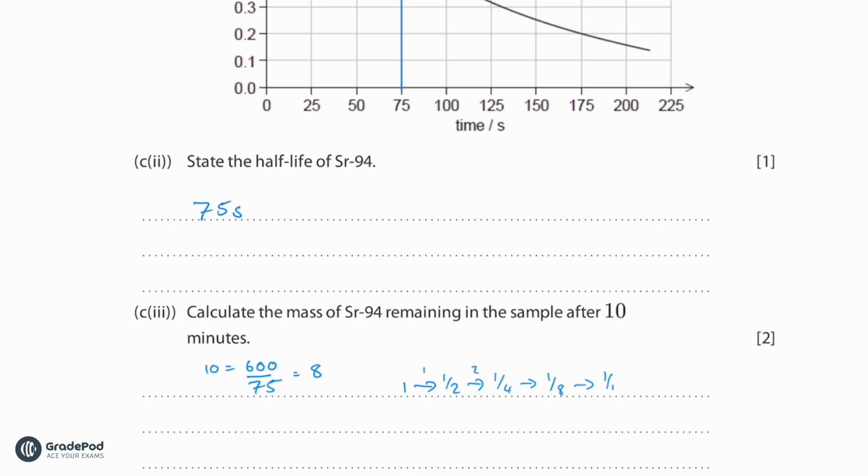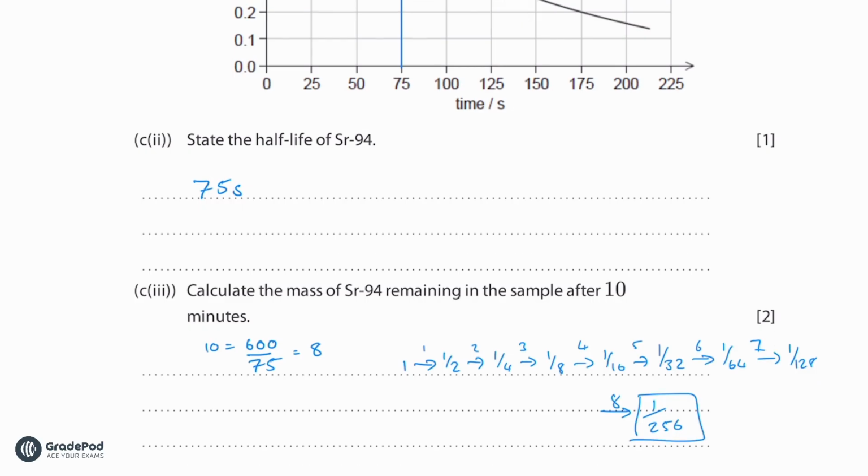Bear with me. And finally, the final half-life takes us down to 1 over 256. That's the 8th half-life. So there's 1/256 of a kilogram left. That gives us an answer of 3.9 times 10 to the minus 3 kilograms.